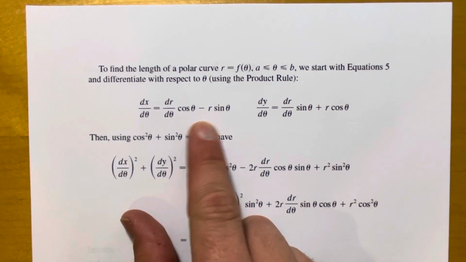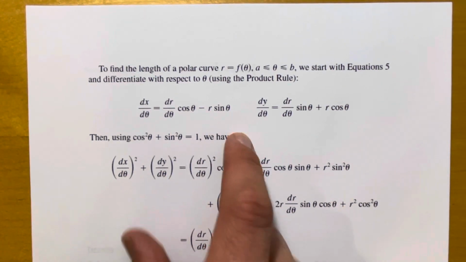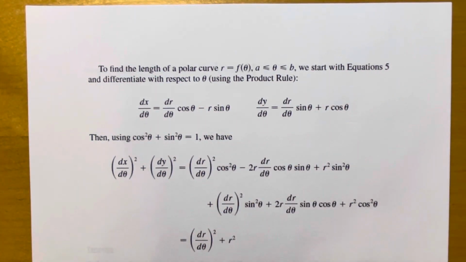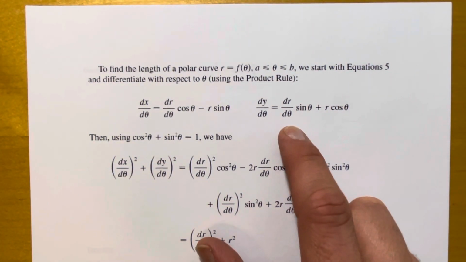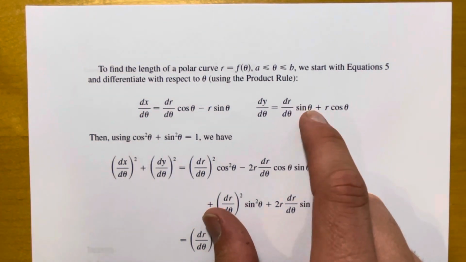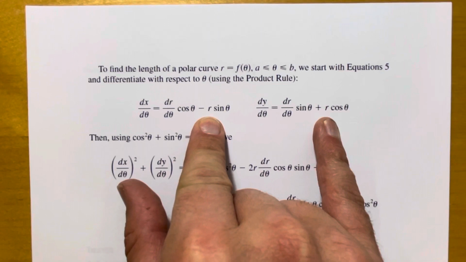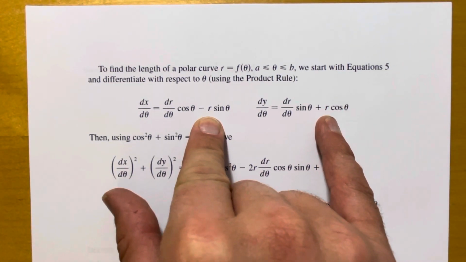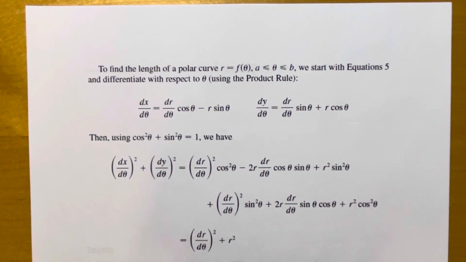This is again from the product rule, dr/d theta cosine of theta minus r sine of theta. And then if I apply the product rule to my y equals f of theta sine of theta, I get this: dr/d theta sine of theta plus r cosine of theta. Now these r's would have looked like f of thetas in that derivation, but we can switch back and forth between r and f of theta because those are equal to each other.